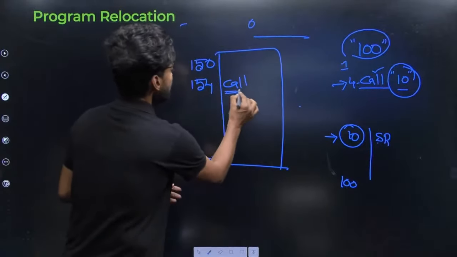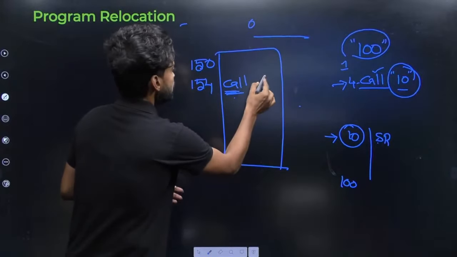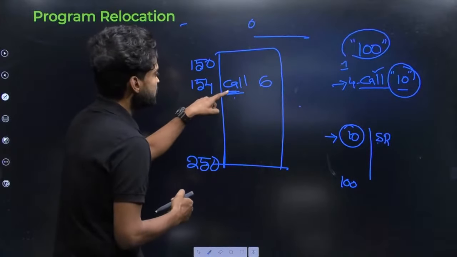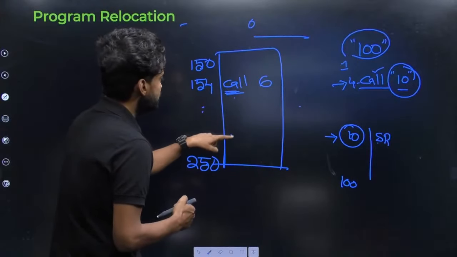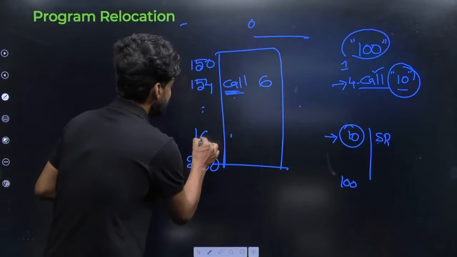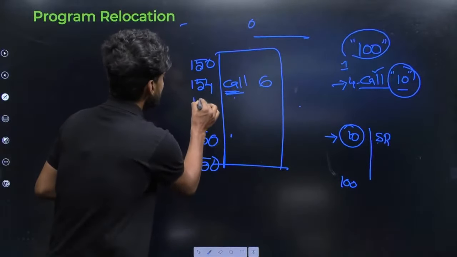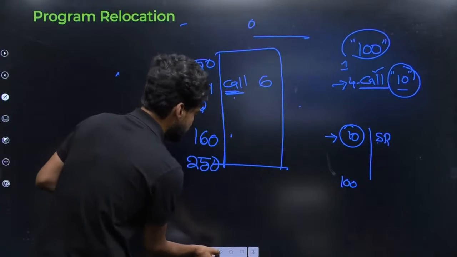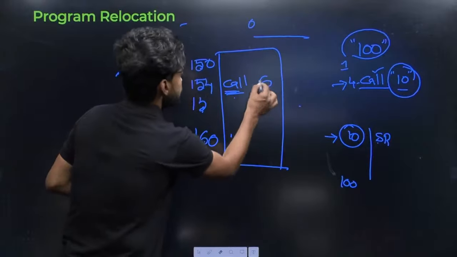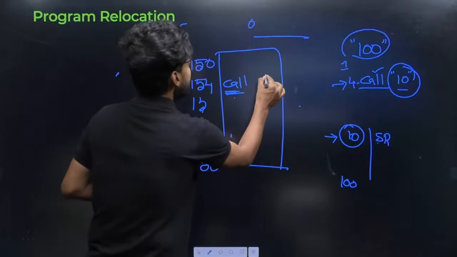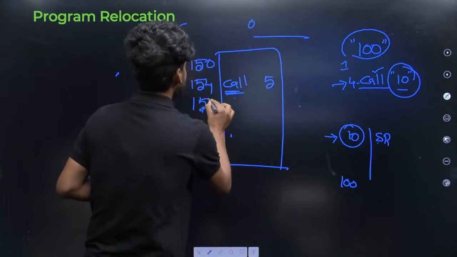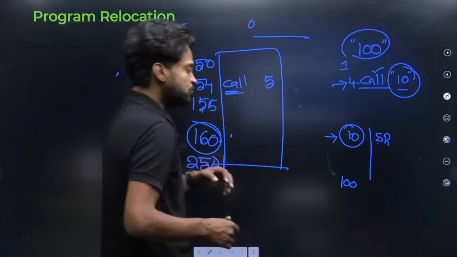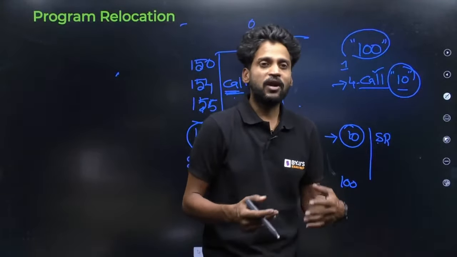Now call 6. What is call 6 here? From this position, if I skip 6 instructions, I will go to 160. Here I will use the program counter. From here I only need to go 5 steps, right? I will put a value such that when it gets added to the program counter, the corresponding address where we need to branch will be reached.